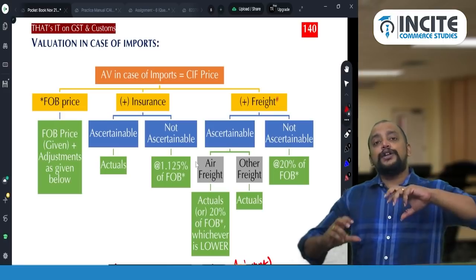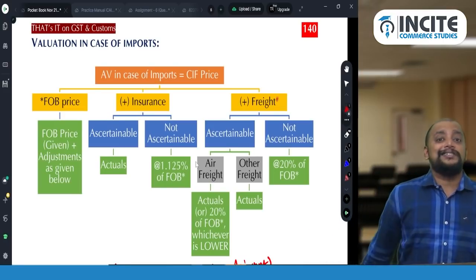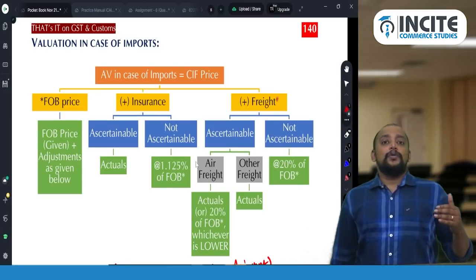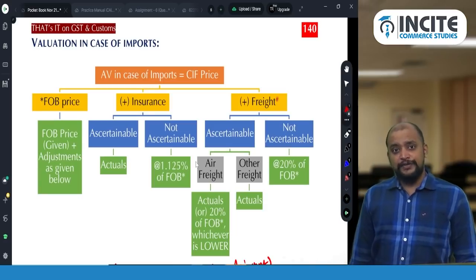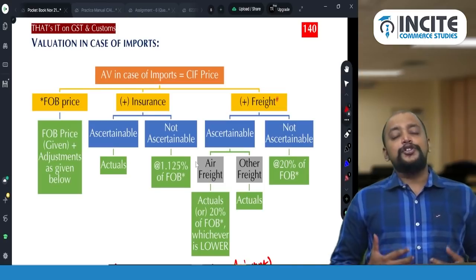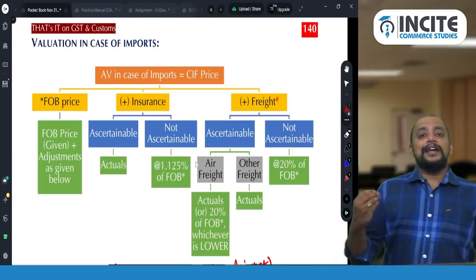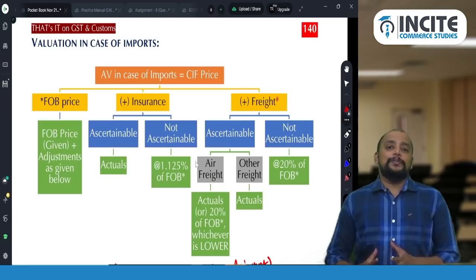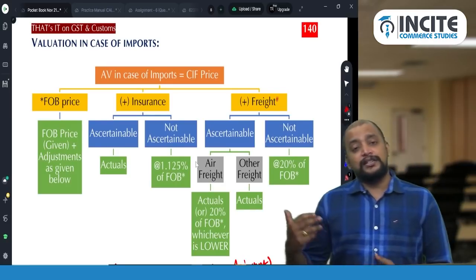Clear or not? What will be taken as the transaction value in case of import? In case of import, we will take CIF, cost, insurance and freight, as the transaction value. That should be taken as the value for the purpose of import and customs duty paid accordingly.